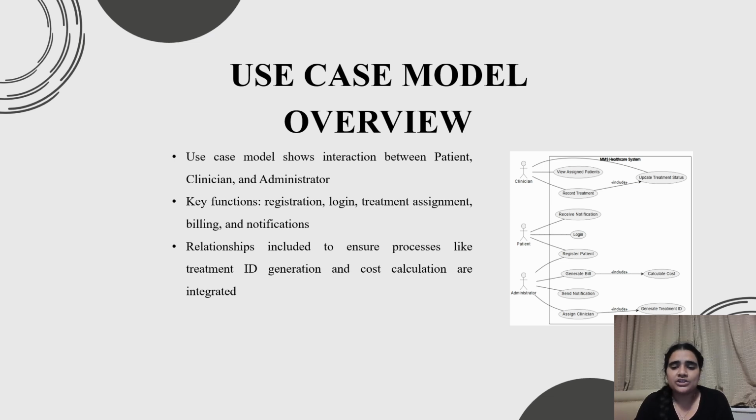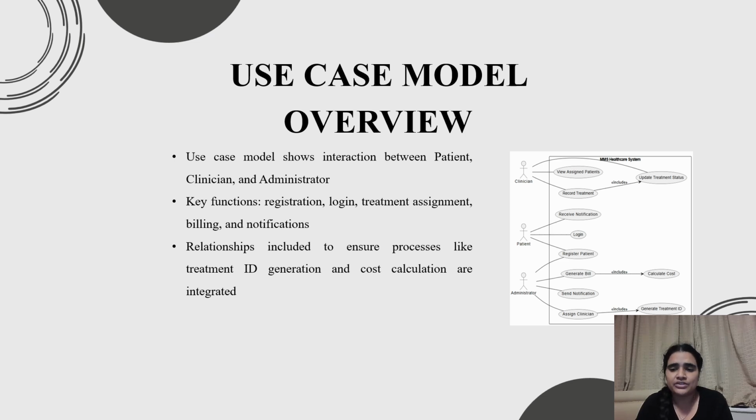The system has three key stakeholders: the clinician, the administrator, and the patient. A patient will be able to register, log in, be allocated to a clinician, view their treatments, create bills, and receive notifications. The system demands patient participation so that patients enroll, log in, and receive alerts.